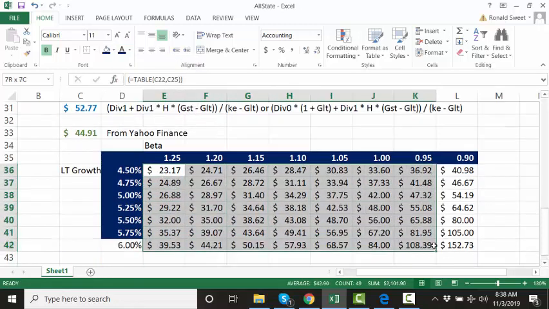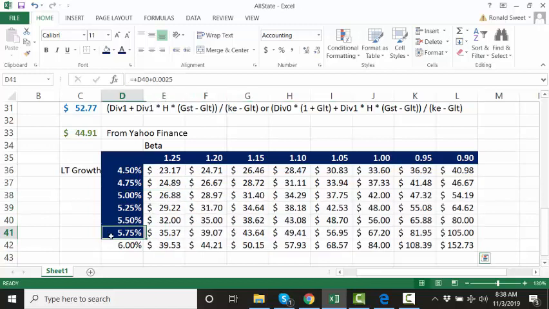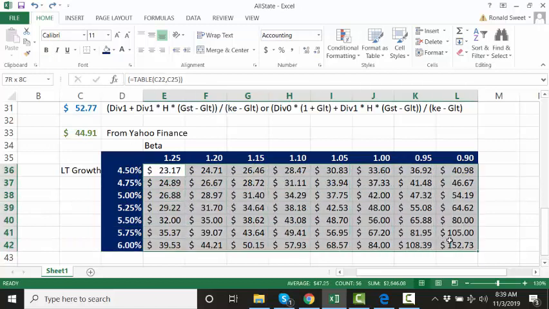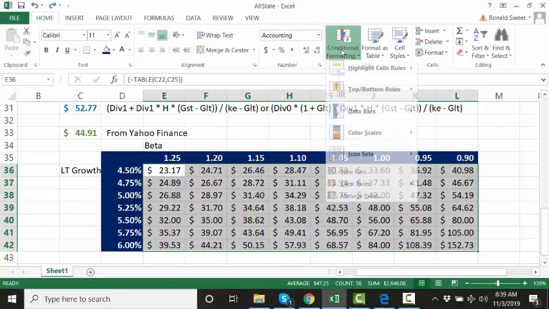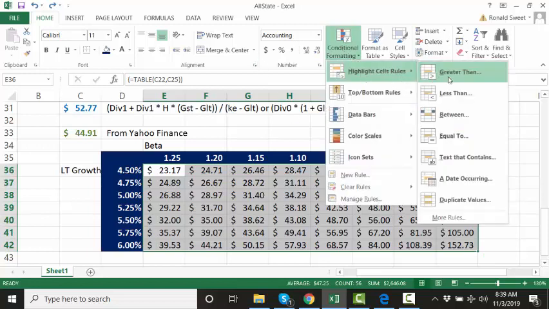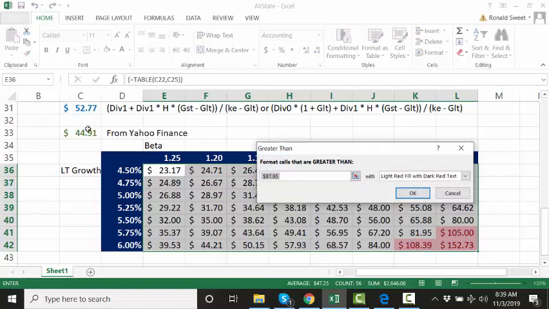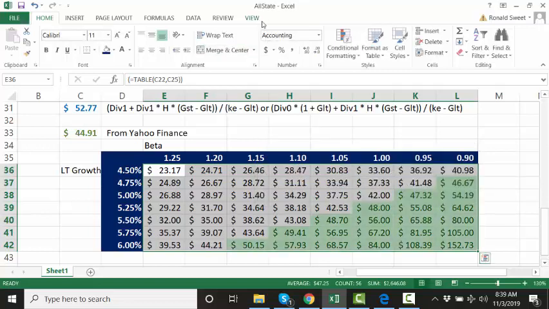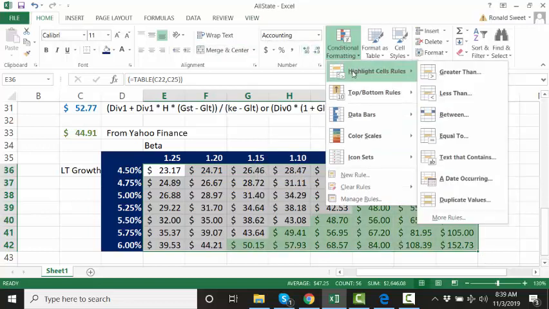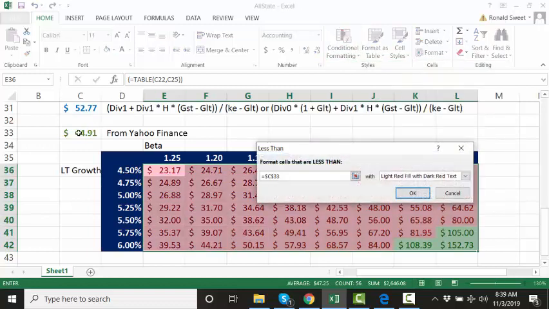And then I'm going to do one last thing. Oops, I missed one. So we want to highlight this entire thing and then do conditional formatting. If our valuation is greater than the current price, that means we think the stock is cheap, so we want to highlight it as green. Then, conditional format again: if our valuation is less than the current price, we want to highlight that in red.